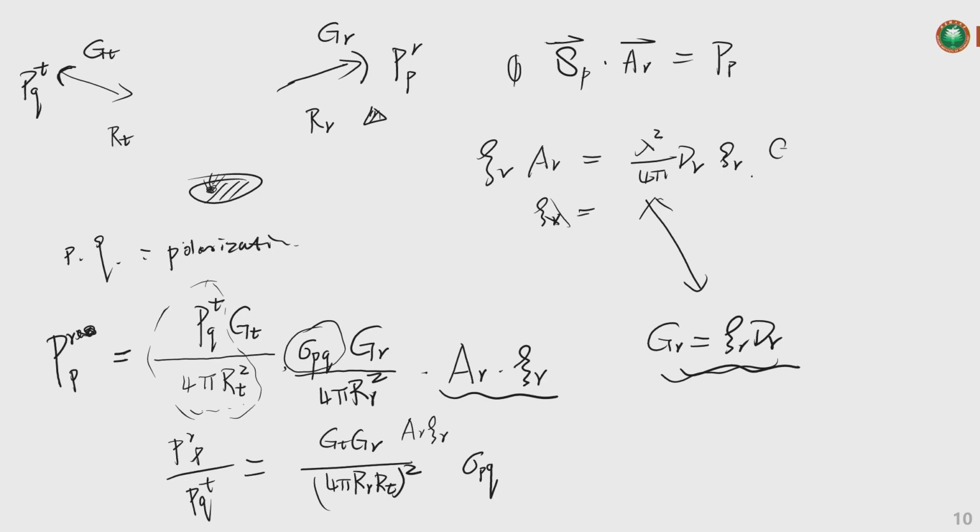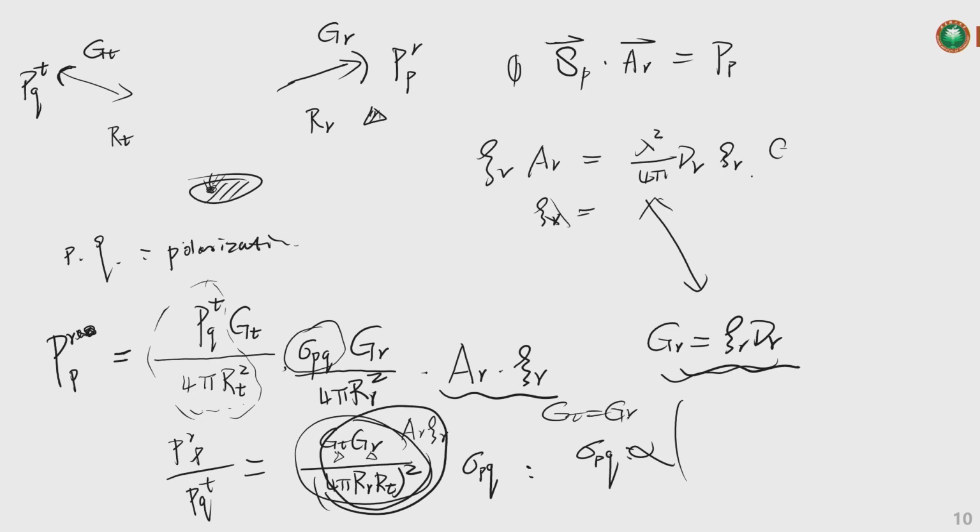So now finally we can get the expression for the sigma PQ. It's related to these terms, right? It means it's related to the antenna properties and the transmitter resource, and for a radar system, related to GT equals GR actually, alright?